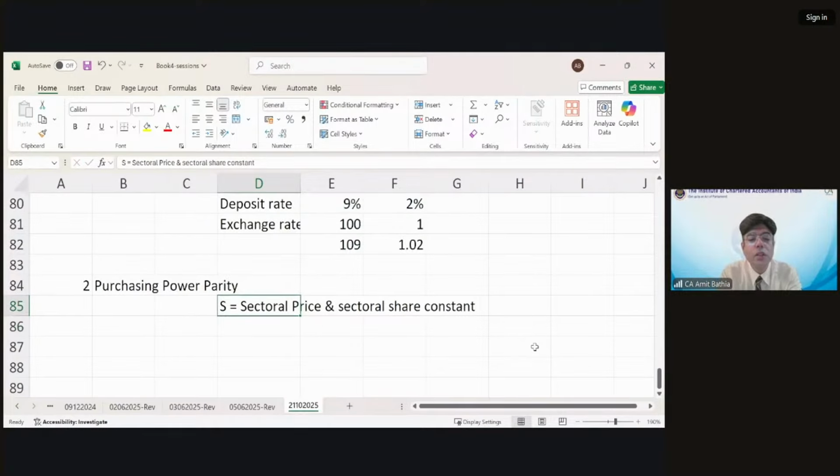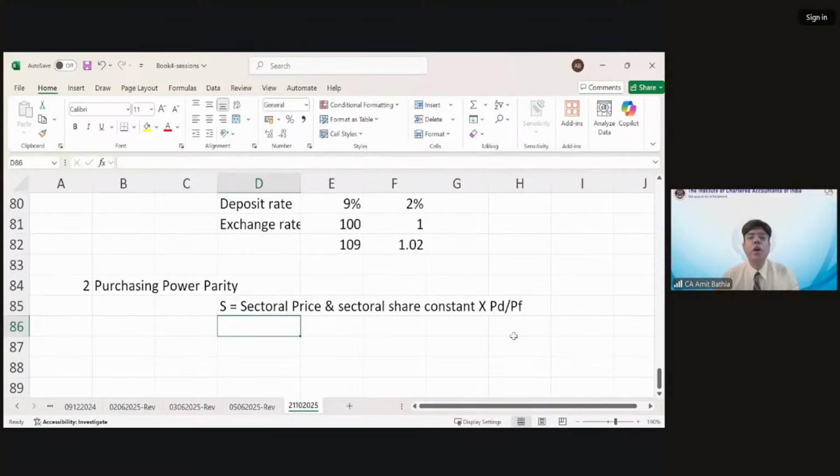Sectoral share constant multiplied by price of a particular commodity in domestic market upon price of the same commodity in foreign market.